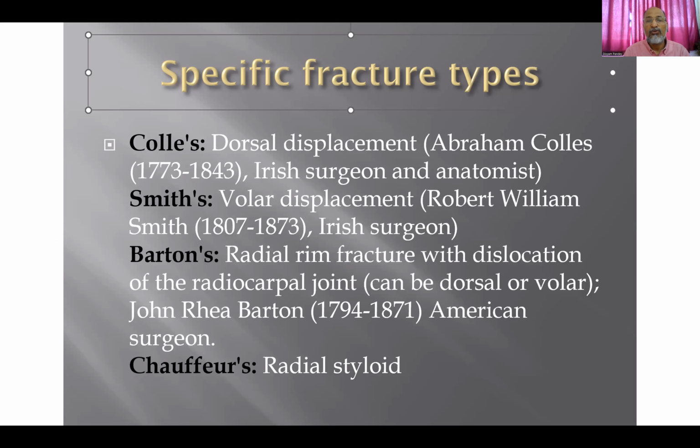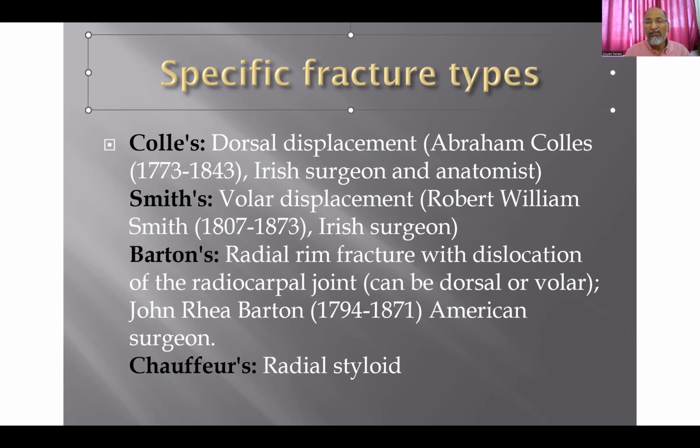The first one is the Colles fracture, a very commonly used word by the orthopedic surgeon. In this there is a dorsal displacement of the distal end of the radius, and there are other displacements which we'll be talking about later. Then you have a Smith fracture, in which the distal fragment goes volarly, or a volar displacement is there.